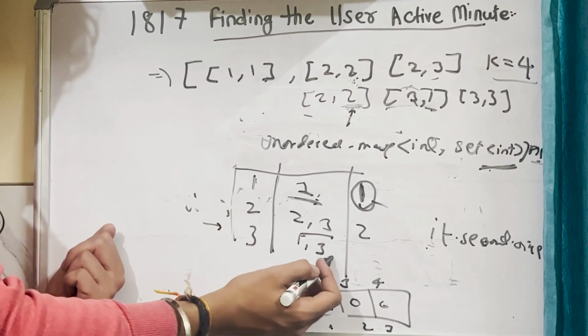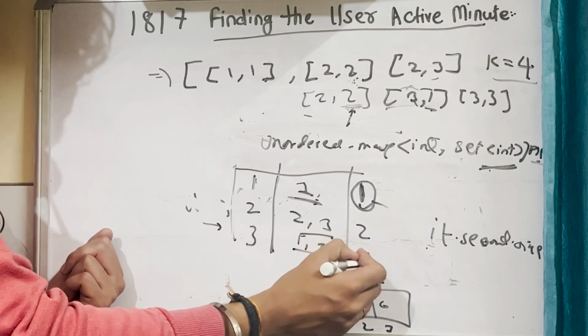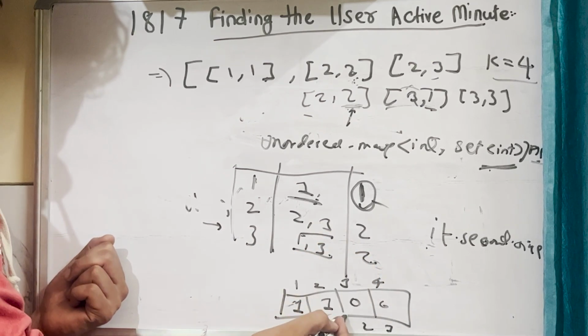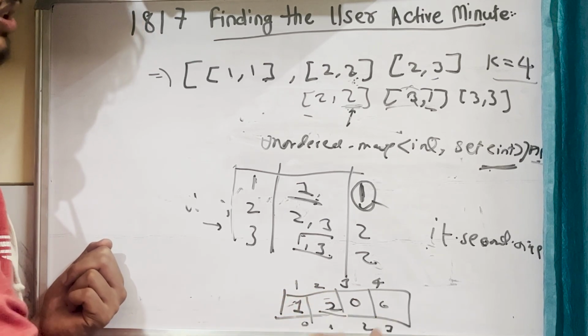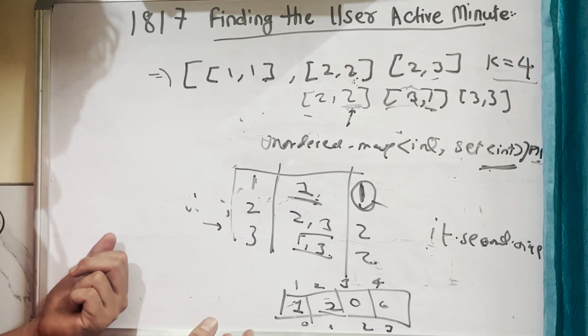3, you will check the size of the set. It is 2, you will go at that position, whatever the value is, you will increase it and you will return this array. So basically, what was the overview?